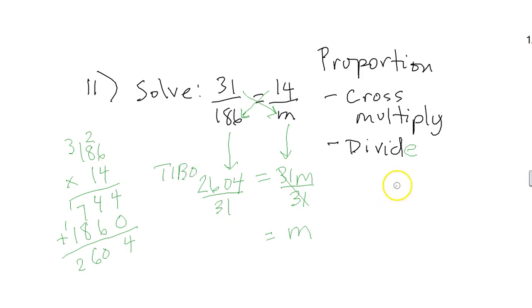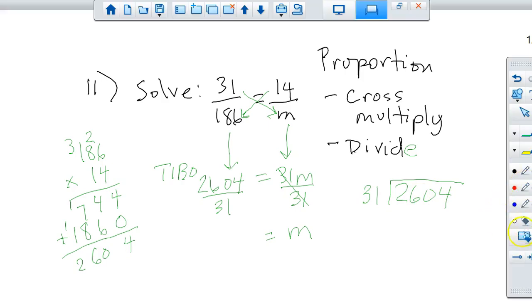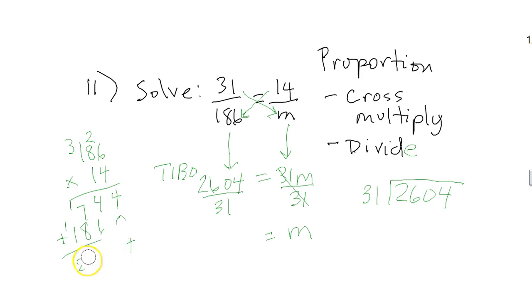So now I come over here and do 2,604 divided by 31. And we know that 31 can go into 260, but the question is how many times. So I'm just going to erase the scratch work. So let's figure out how many times can 31 go into 260. Okay.